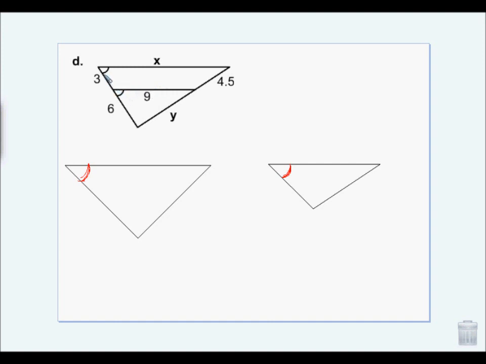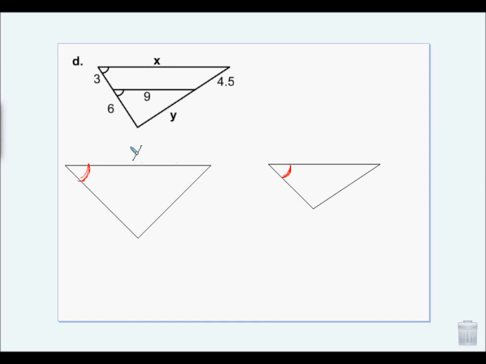But they have two congruent angles, which means they're similar. And if they're similar, that means they're in proportion. So basically these two triangles, the big one and the little one, the little one is just shrunk down from the big one, but they're the same exact shape, different sizes.